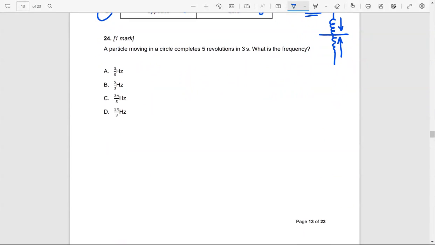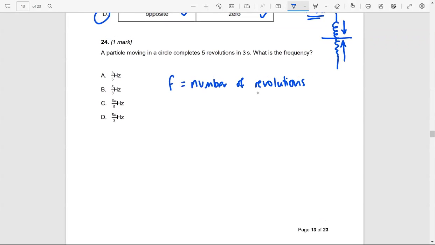Question 24. A particle moving in a circle completes 5 revolutions in 3 seconds. What is its frequency? Frequency is the number of waves, cycles, circles per second. So you could say it's the number of revolutions in 1 second.